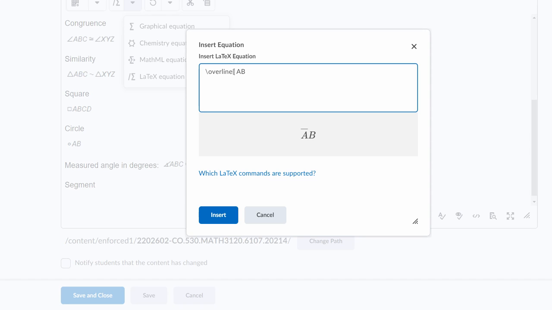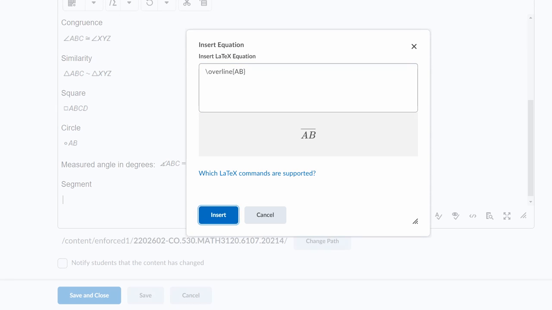So what we do with overline is we put curly brackets before and after, and then that tells it to spread that overline over everything that's inside the curly brackets. In statistics, we often do overline X, right? X bar for the sample average. Here we're in geometry, so I'll go back to this one, overline AB.